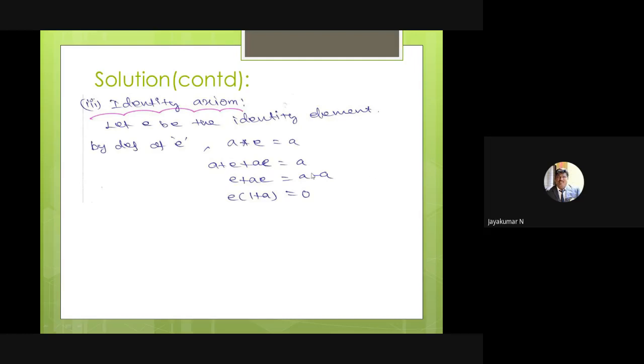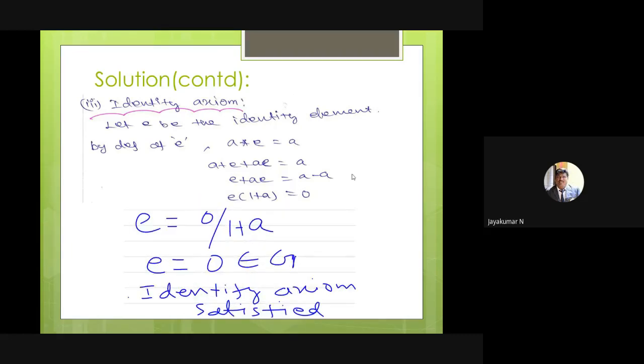So simplify. So I can subtract A on both sides. E plus EA is equal to A minus A. So A minus A becomes 0. So I can take out E outside, E into 1 plus A. I can divide by 1 plus A on both sides because 1 plus A is non-zero. So finally what do we get? If we divide 1 plus A on both sides, E equal to 0.